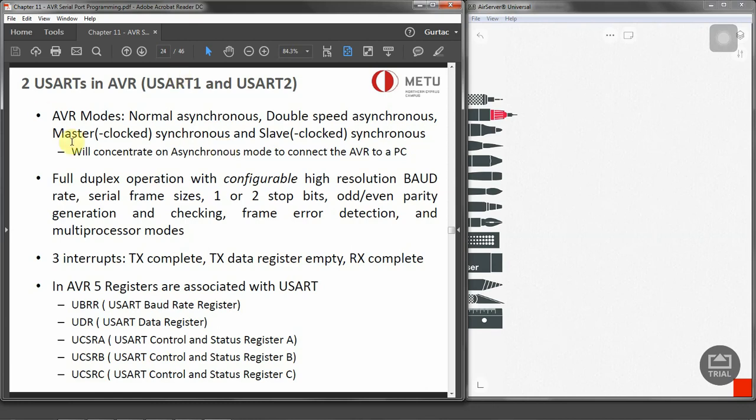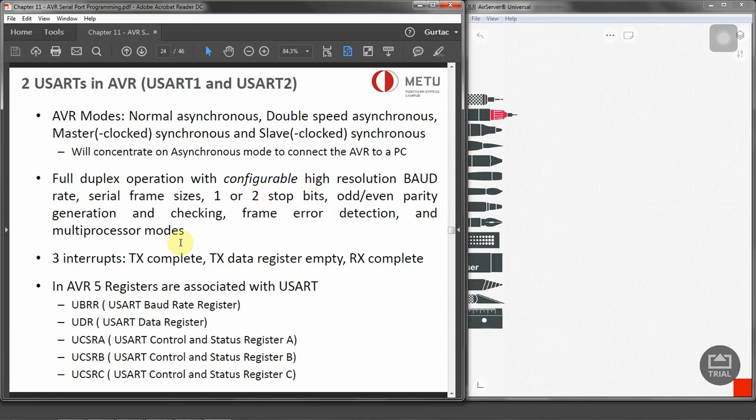So with the full duplex operation, with the configurable high resolution baud rate, serial frame sizes, 1 or 2 stop bits, or even parity generation and checking, frame error detection, and multiprocessor modes are going to be covered in this section. And we generally focus on the asynchronous mode to connect AVR to the PC.